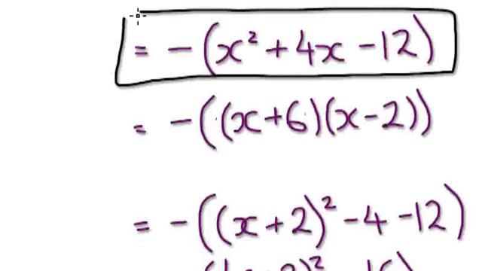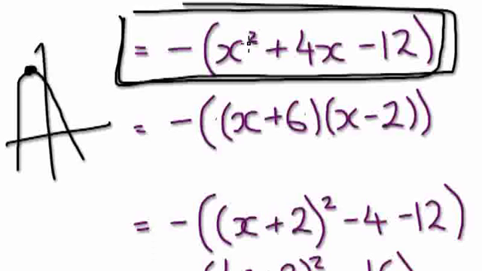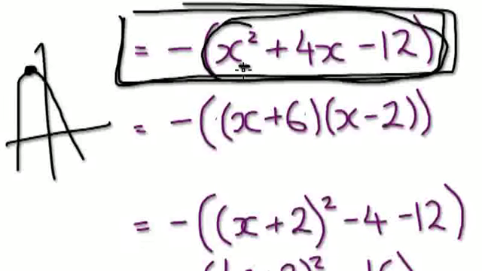To find out the highest point, you would start here and then complete the square on this section here. So from here you would get to here, and then you would complete the square.